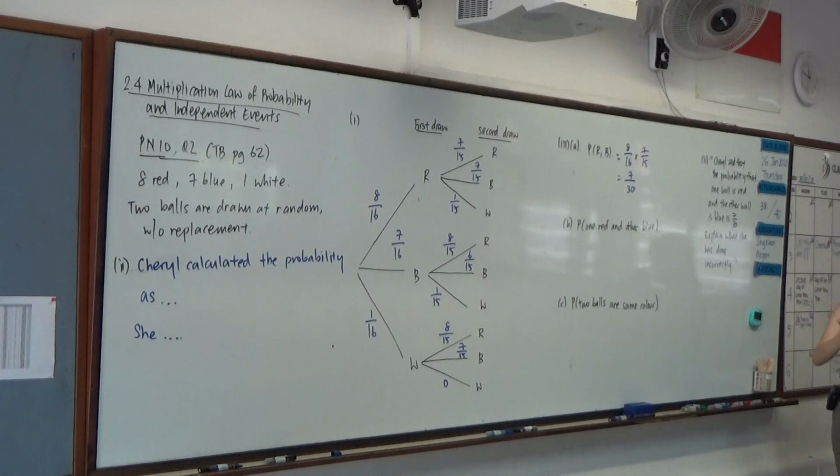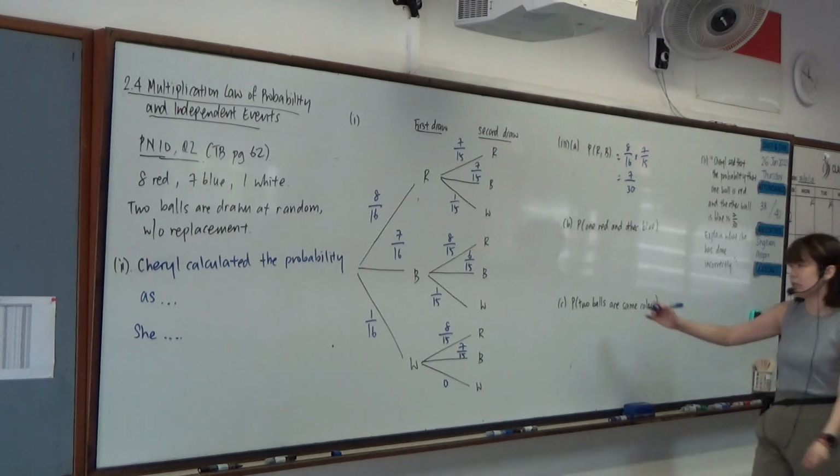Okay. Part B, probability of one red and the other blue, what will your answer actually be, Zave? What's the answer for part B? 7 out of 15.